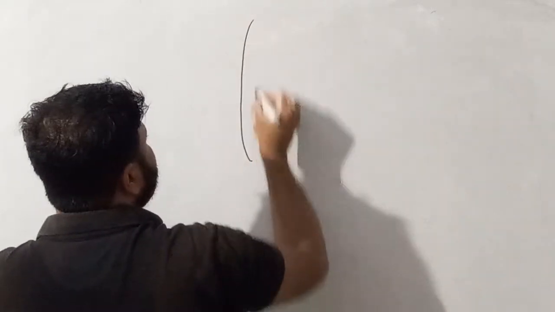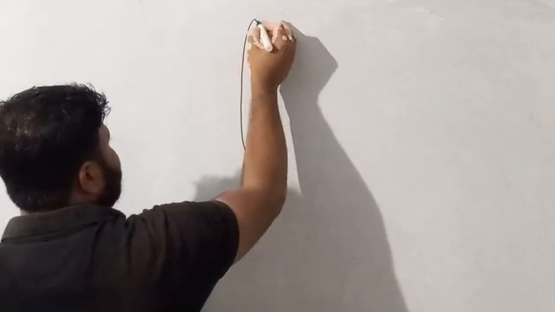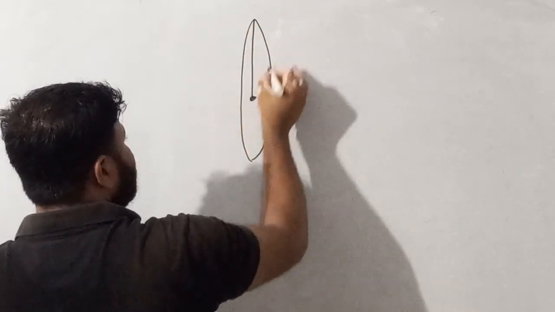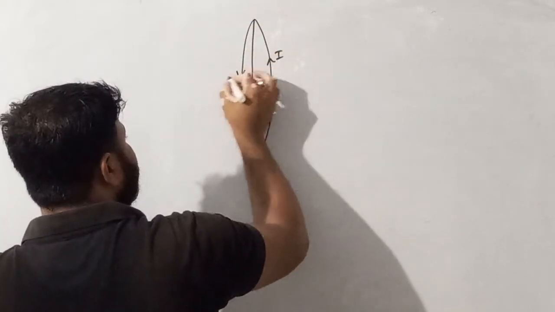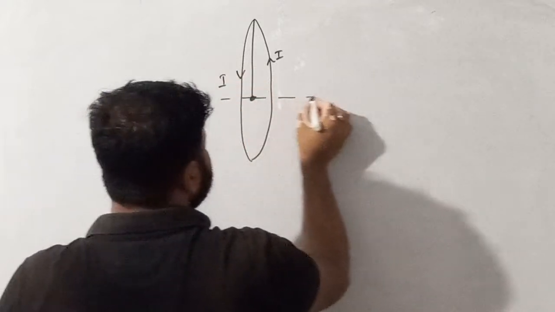Now see my dear student, this is the loop and the current is flowing in anti-clockwise direction.